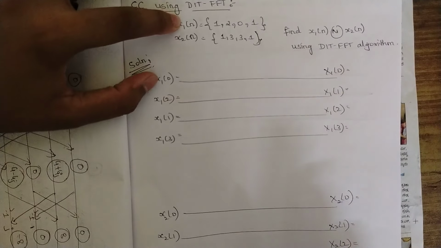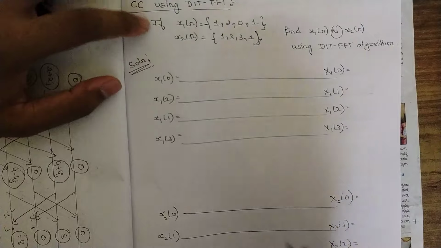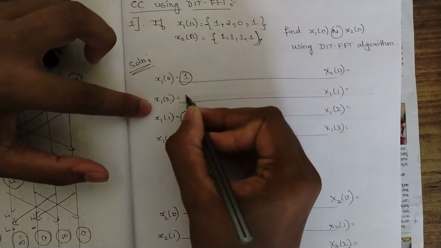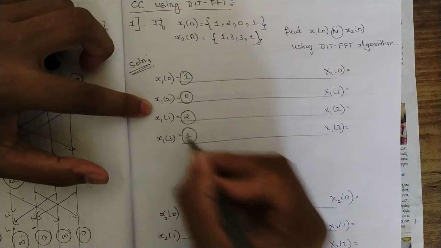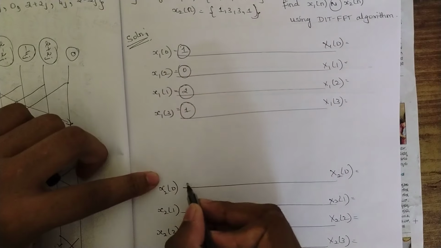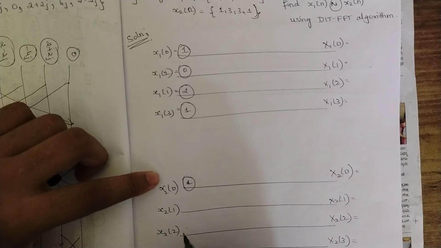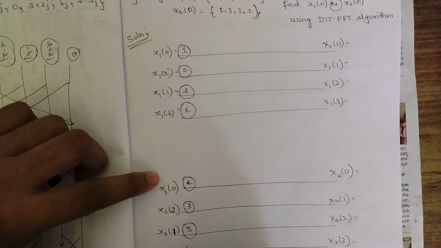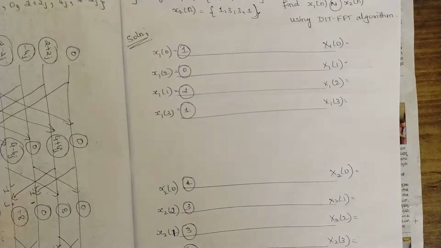The first sequence is x1 of n, that is 1, 2, 0, 1, and the second sequence is 1, 3, 3, 1.